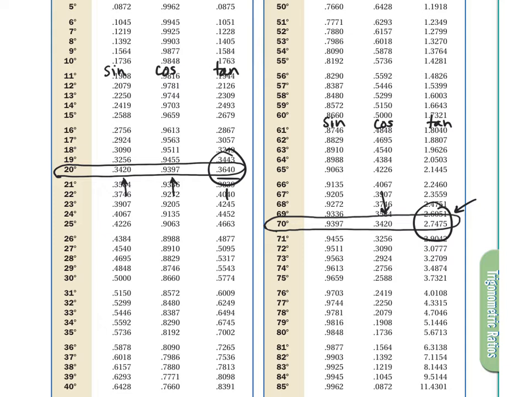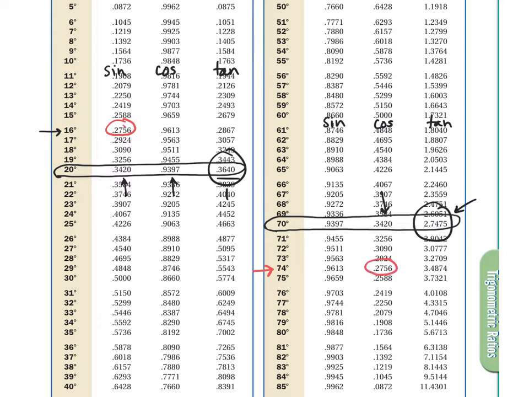And if you look at any pair that add to 90, they're in the same triangle. If I do 16 and 74, they add to 90. They are ratios from the same triangle, a similar triangle at the very least. 0.2756, 0.2756.